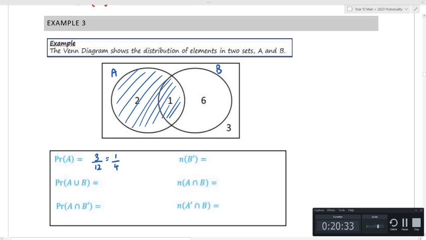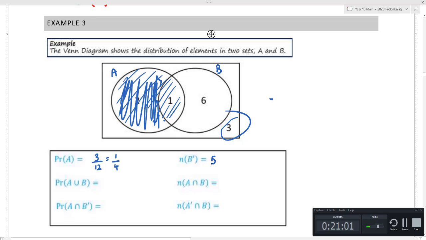Okay, so the stuff that's there, we're looking for that. That's not B. There's 2 things there, and there's also 3 there. All right, so that's going to be 5. That's the cardinal number of things that are not B.